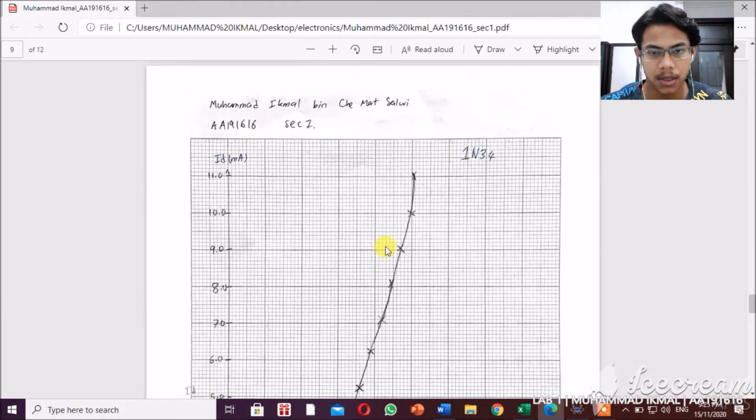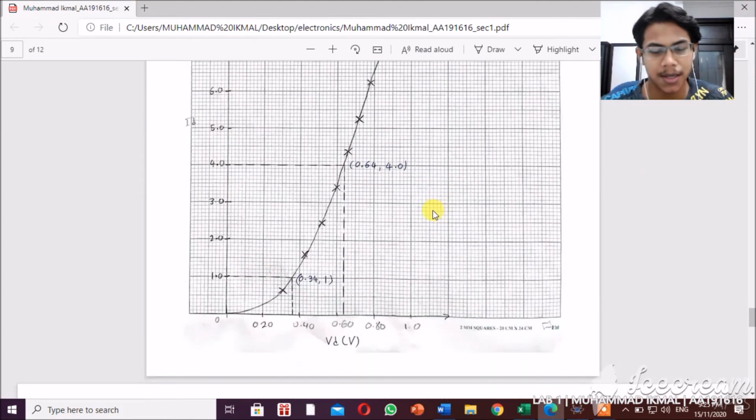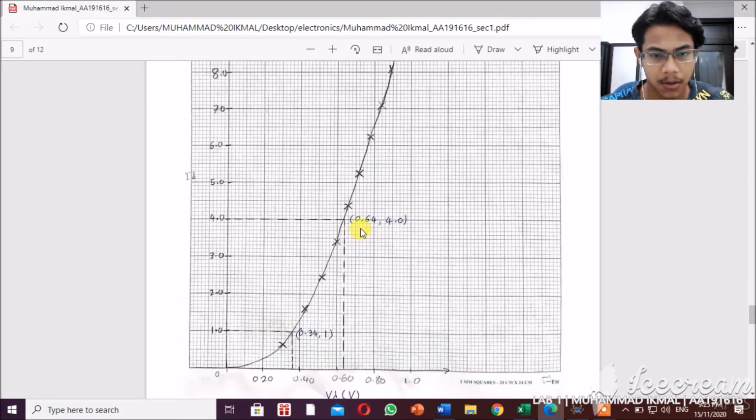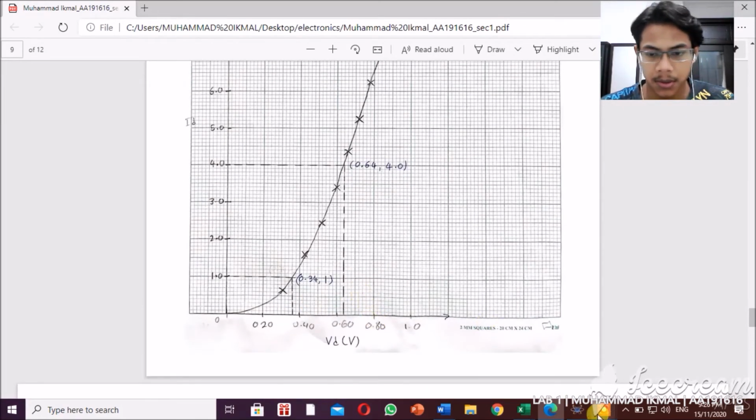And for the germanium diode, I get 0.64 volt for 4 milliampere, and 0.34 volt for 1 milliampere. Right.